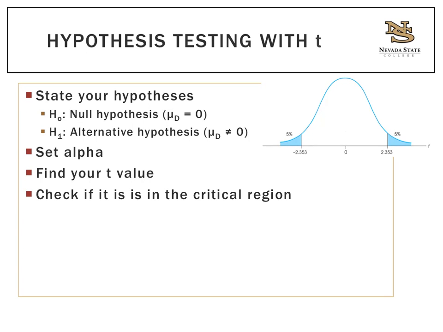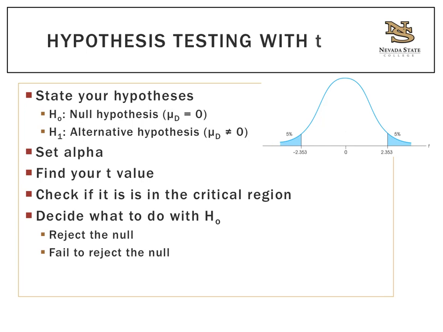So here is a potential set of numbers we might use to see if it's in the critical region. And finally, you decide what to do with that null hypothesis. Remember, we're always testing against that null hypothesis, and so you either reject the null or fail to reject the null.